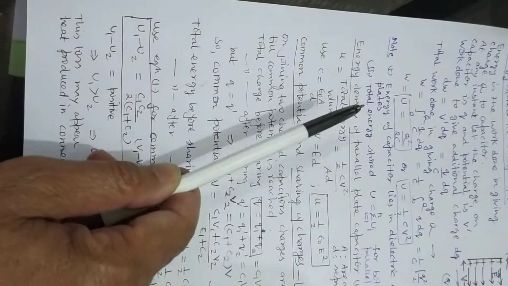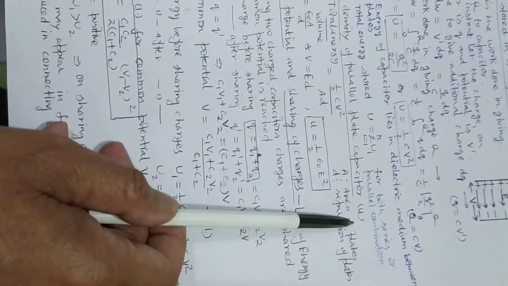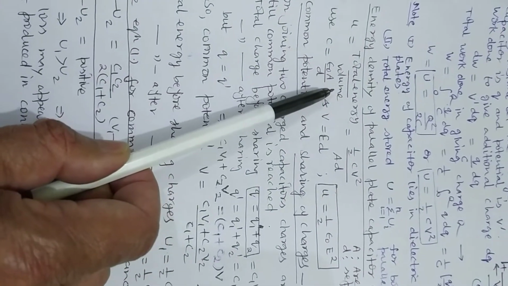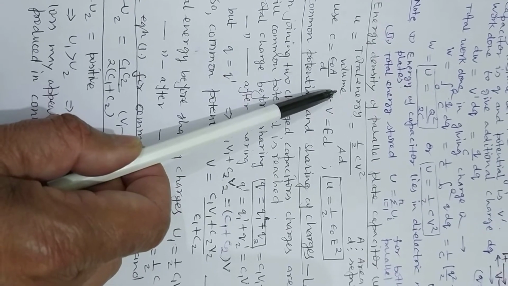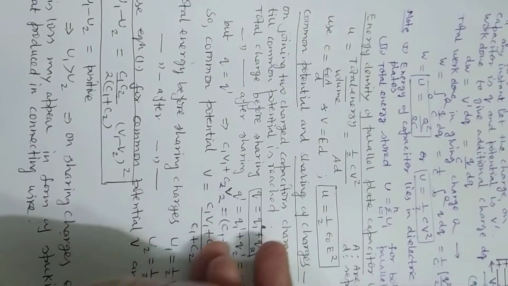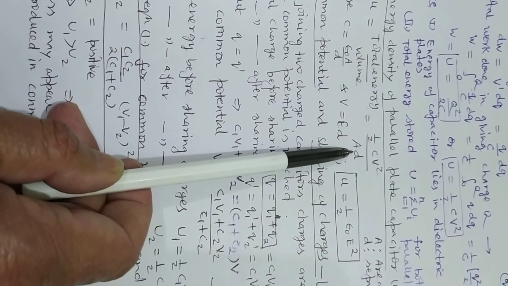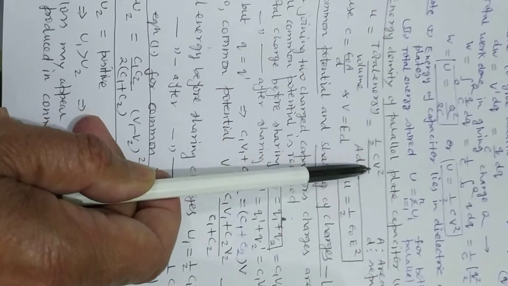Right? Now let us see the energy density of a parallel plate capacitor. Energy density simply means the total energy per unit volume, that is the volume of the dielectric medium between the plates. So A is the area, d is the distance, then the volume is going to be how much? A into d. Total energy is 1 by 2 CV square.